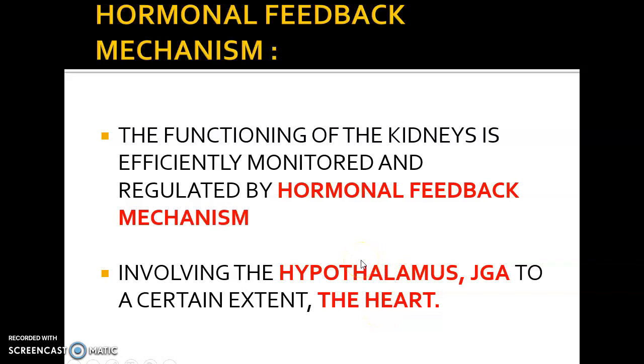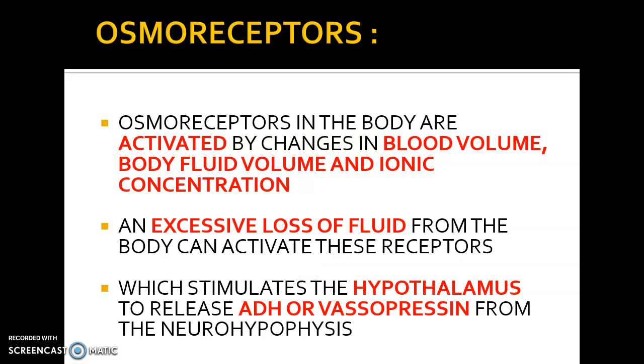Okay, so these organs will be involved. So in our body we have something called osmoreceptors, just like we have different receptors on our body, like the touch receptors and the pressure receptors. Similarly, there are receptors present in our body which will measure the blood volume or the body fluid volume.